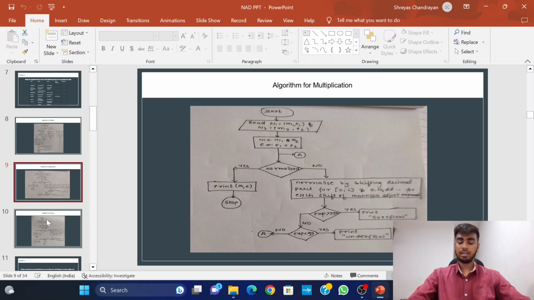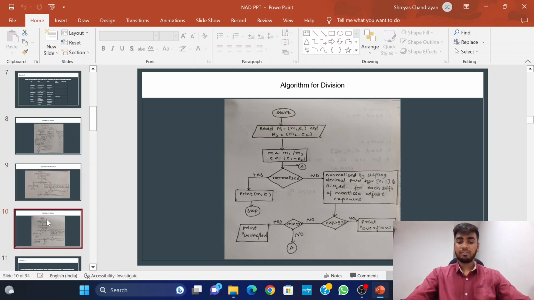Then if the equation is normalized, we will print m comma e, and if the equation is not normalized, then we will normalize by shifting decimal part, and for each shift of mantissa adjust the exponent. If the exponent value is greater than 999, then we will print overflow. If value of exponent is under 999, then we will print underflow.